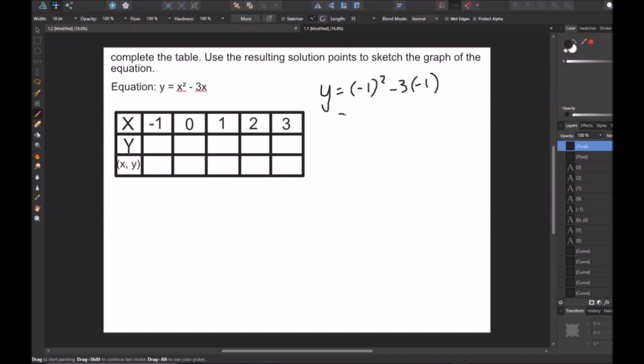So (-1) squared is just 1, and -3 times -1 is going to be positive 3, so we get y equals 4. So that's (-1, 4).